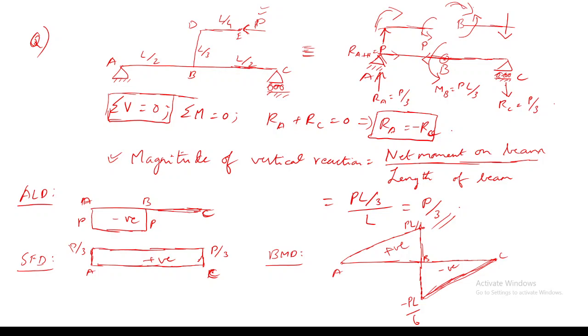So can we proceed to the next problem? Sir, in which condition will the net moment be usable? Actually, the net moment on the beam only considers the concentrated moments.